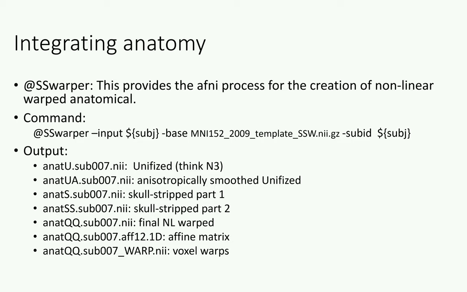And here, the application of your anatomical to the MNI space can be done through this pipeline. Here we'll be doing unifize, which is like an N3 correction, it's taking care of field inhomogeneities. So you can map white matter to white matter, gray matter to gray matter.